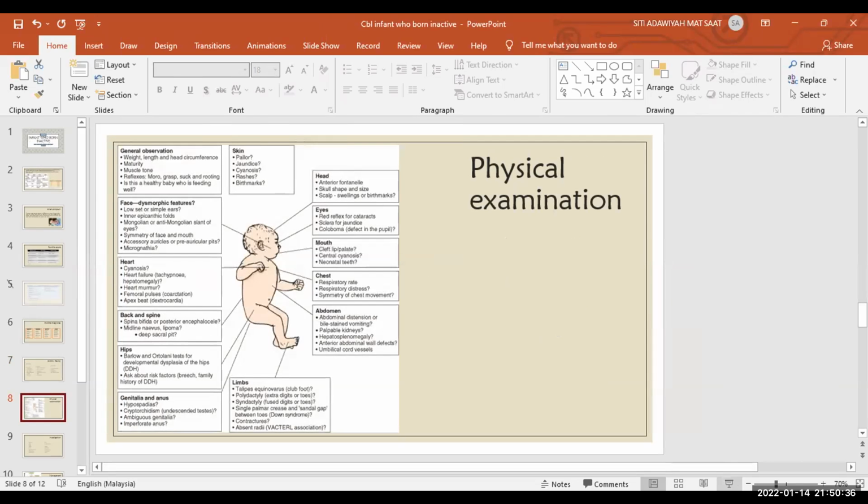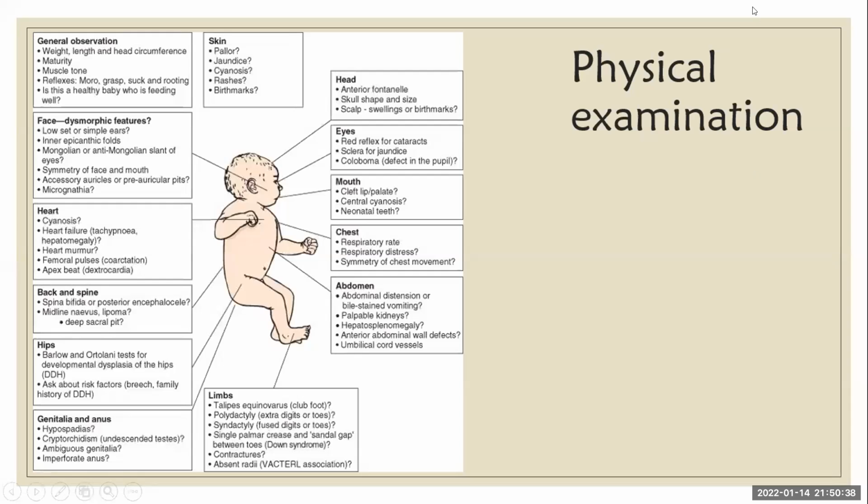And for physical examination, in a neonate it is crucial for us to examine the body from head to toe in order to elicit any disorders or problems that can be present in the baby.